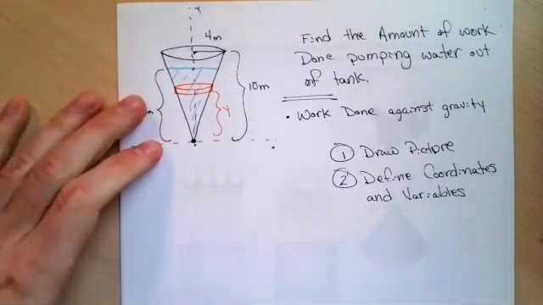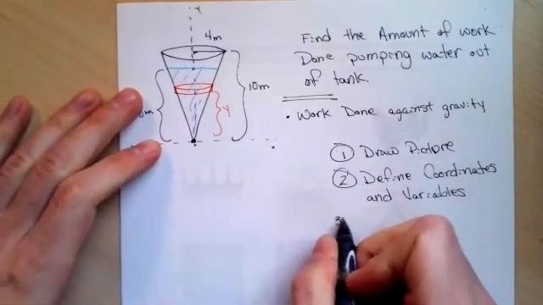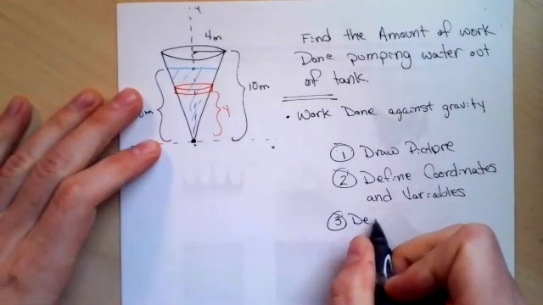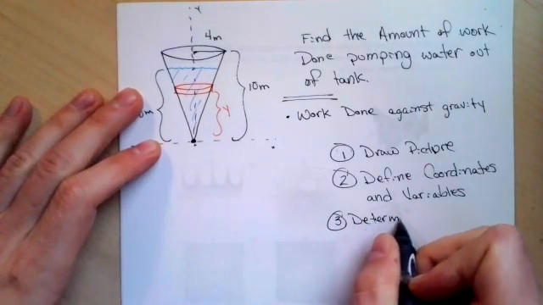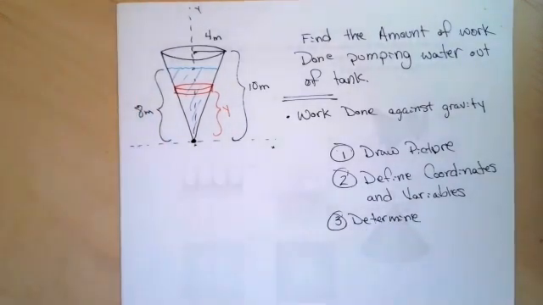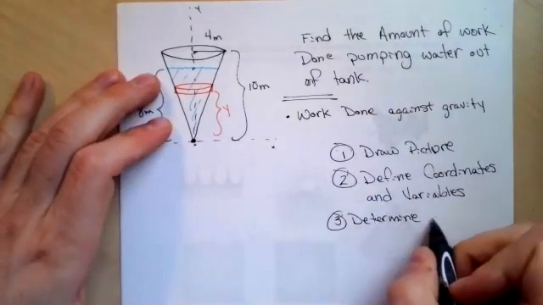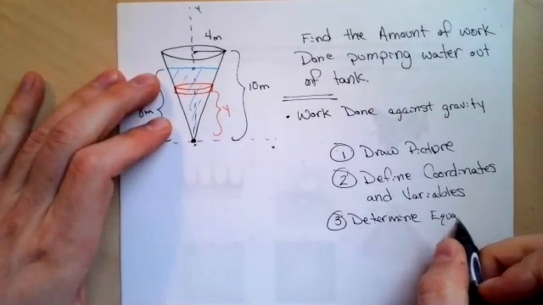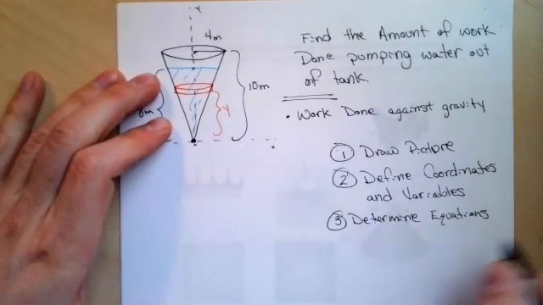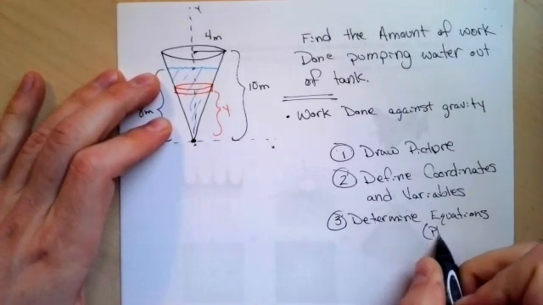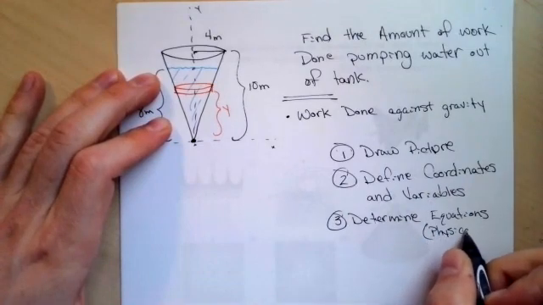And so now what we want to do is once we have our variables, we want to determine, in this case, let's say equations, which I'll put as physical laws.